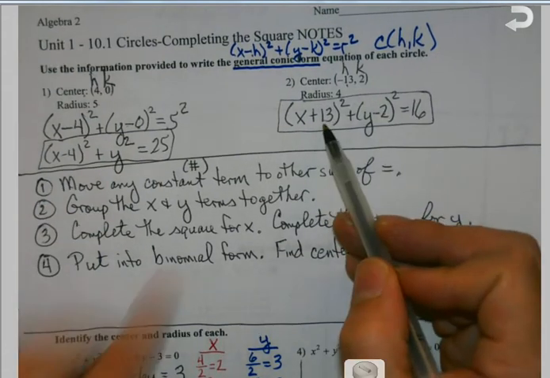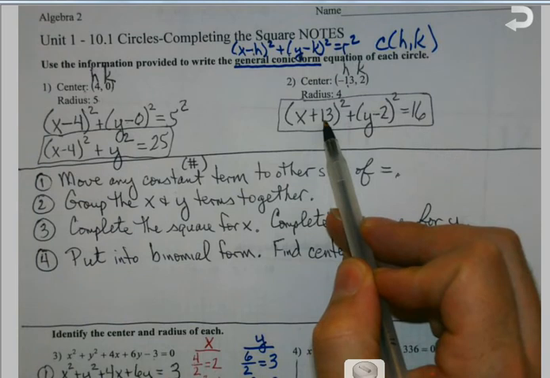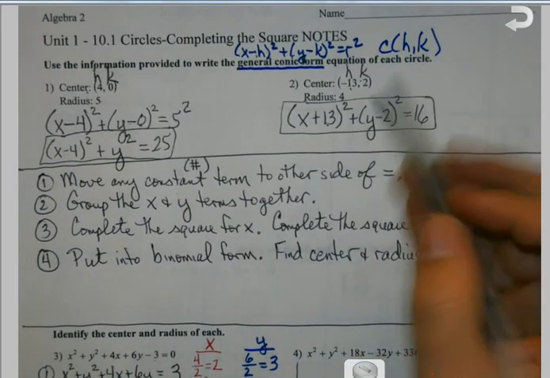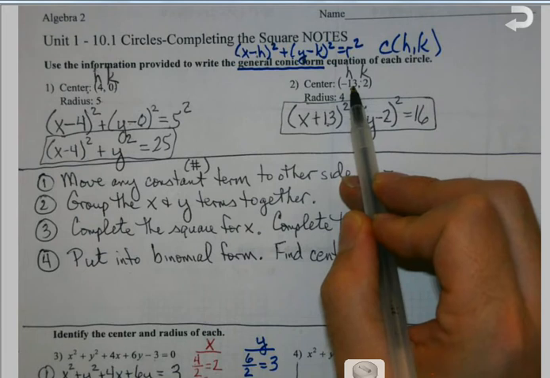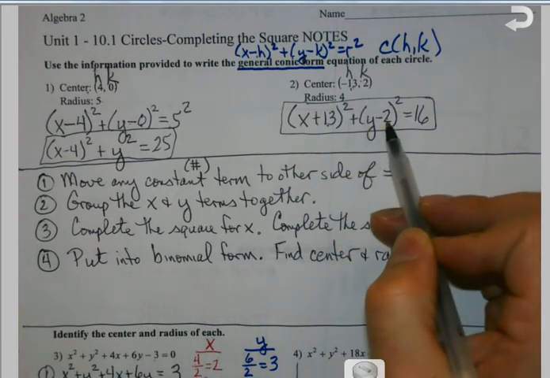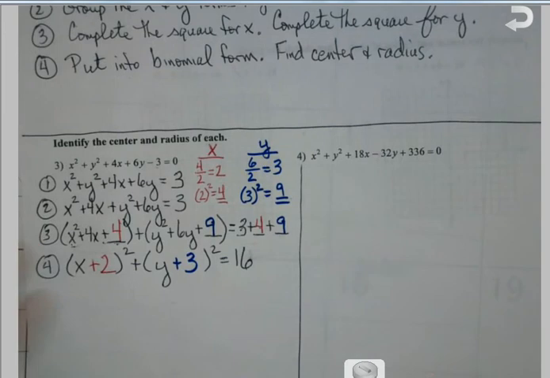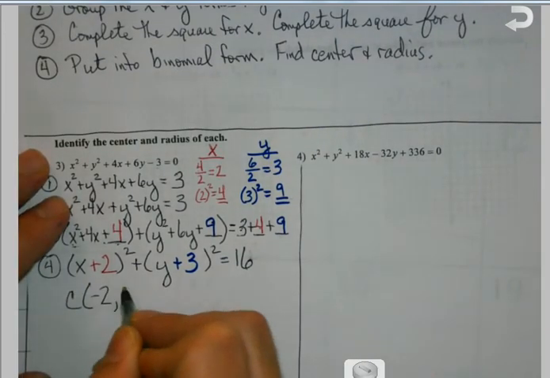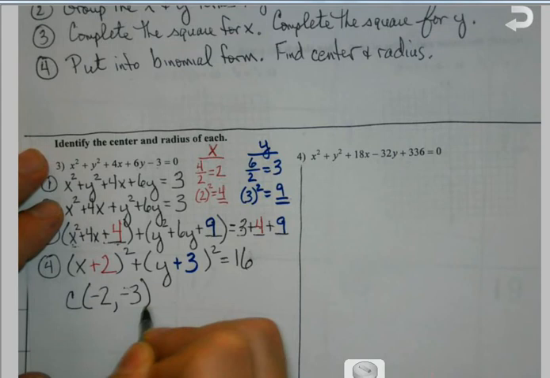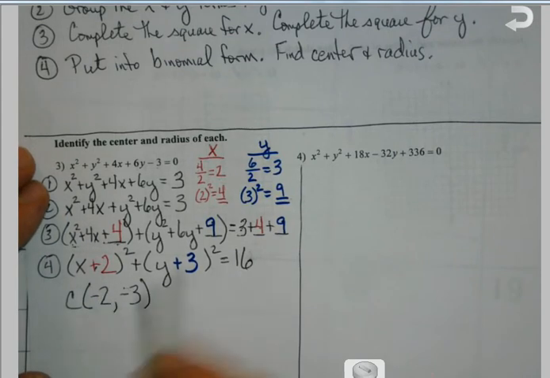But remember, when I'm going from the equation back to the center, again, it's the opposite. So like here it was positive 13. My h value would be negative 13. My y value here is negative 2. It would become 2. So when I do it down here, my center would be at negative 2, negative 3, because again, it's opposites on each of those.